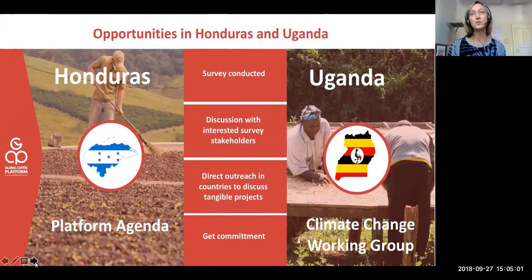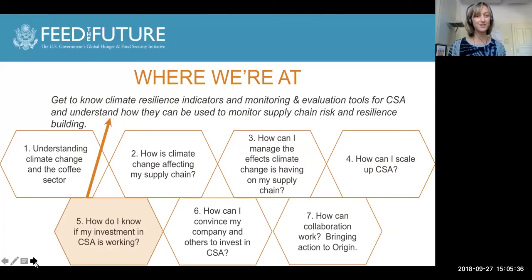We are also in direct outreach to discuss tangible projects to address climate smart agriculture in these two countries, to in the end get a commitment and work together to come up with a topic that we will address together. In the lead here is the Alliance for Resilient Coffee, ARC, and Kate will also tell you a little bit more about this later, how we're addressing that. And with that, I hand over to Kili.